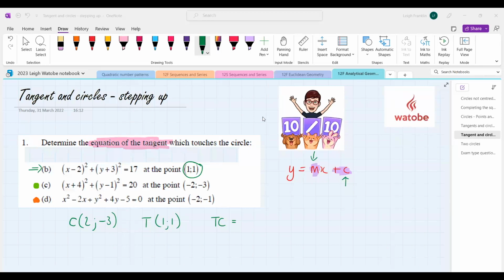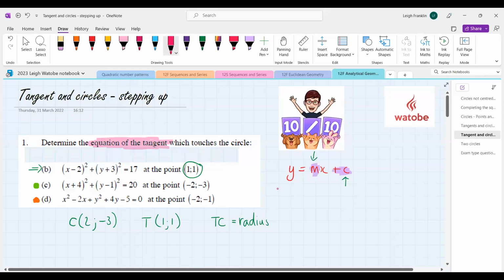It has to be a radius. Very good, well done, everybody. So TC is the radius. Another piece of important information that we know from grade 11: the gradient of the radius multiplied by the gradient of the tangent always gives us -1.